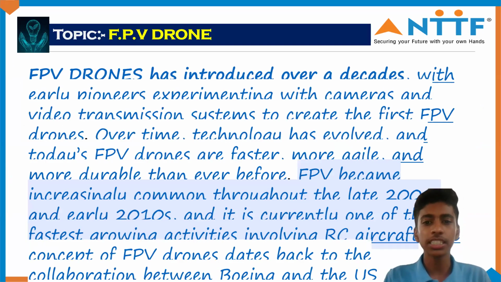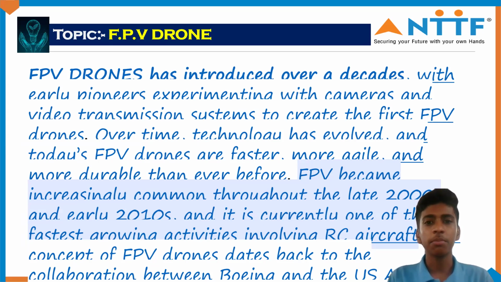So FPV drones were introduced over a decade ago, with early pilots experimenting with cameras and video transmission systems to create the first FPV drones. Over time, technology has evolved and today FPV drones are faster, more agile and more durable than ever before.